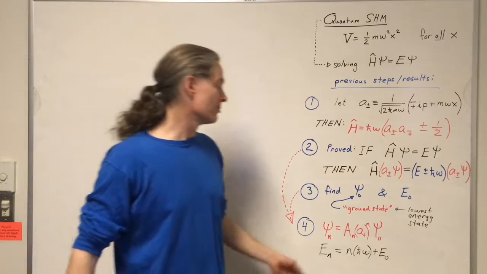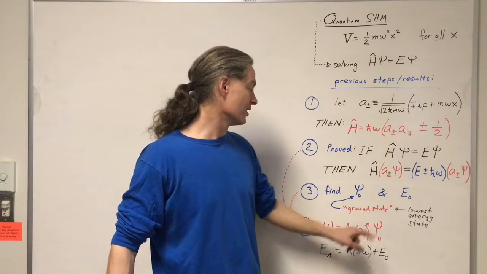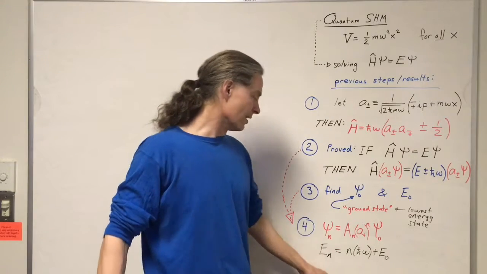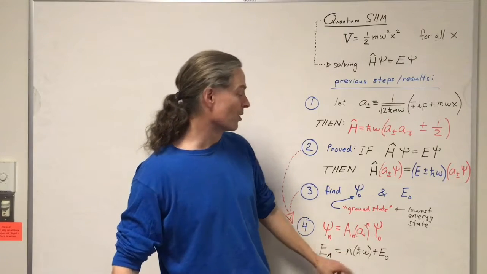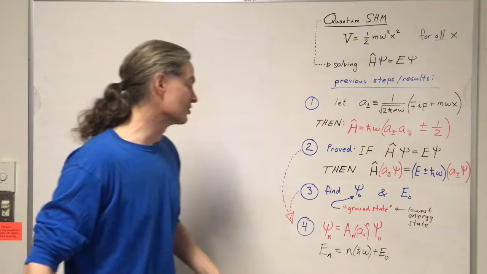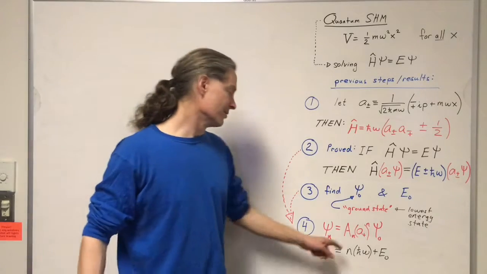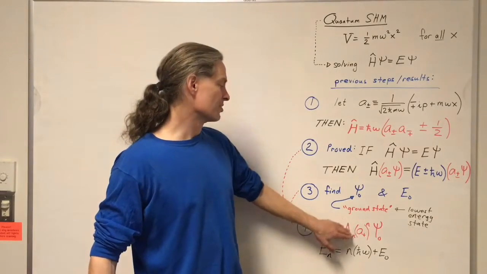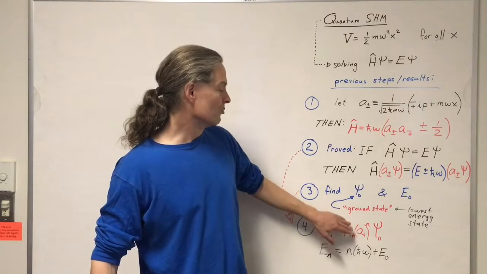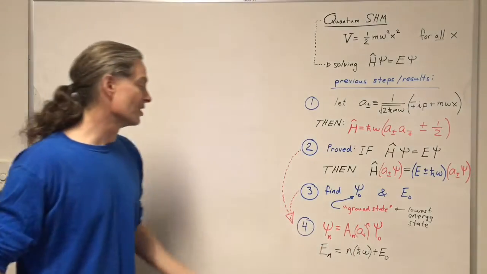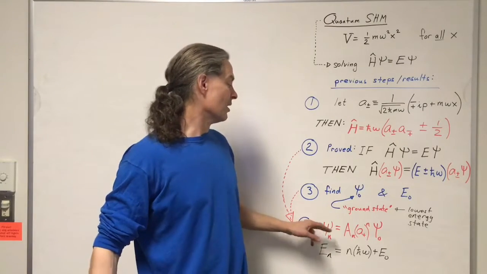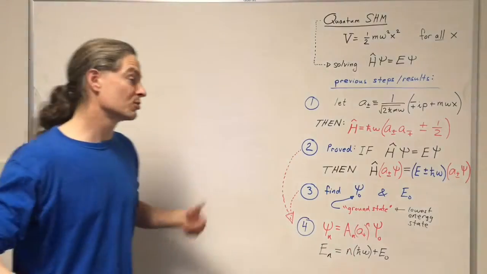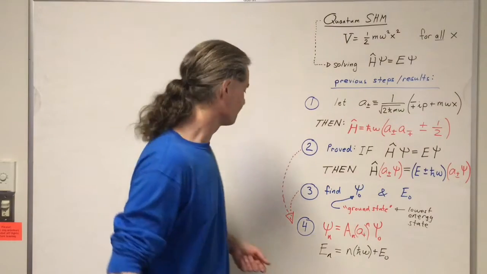We get the next one by operating with this twice, so have n equal to 2 here. We'd have 2 increments of h bar omega greater than that of the ground state energy, and so on. Note I've just put a sub n here to represent a normalization constant. So this will give us the wave functions, the corresponding eigenstates, aside from a normalization constant, which we could then go find in the usual way.